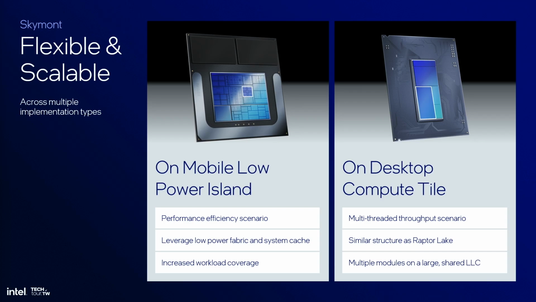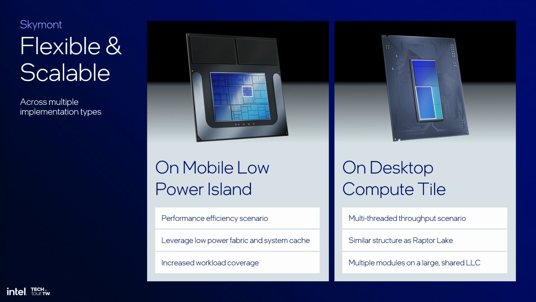Again, as I mentioned to begin with, our goal is to run as many workloads as we can on that, because the low power island, as you heard in the keynote and the Q&A, is not running a ring, not running a P-core, and is close to memory. We now have a system cache, a memory side cache. So that's also new versus Meteor Lake. Now we have more cache and we can be power efficient.